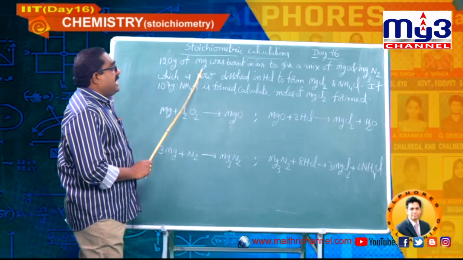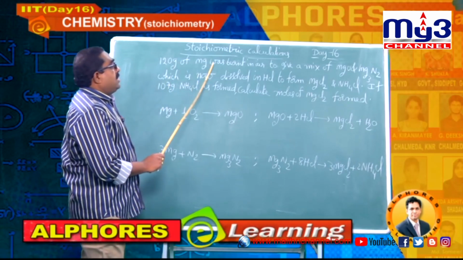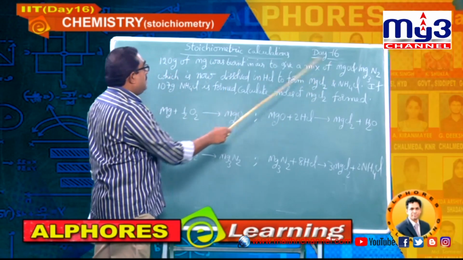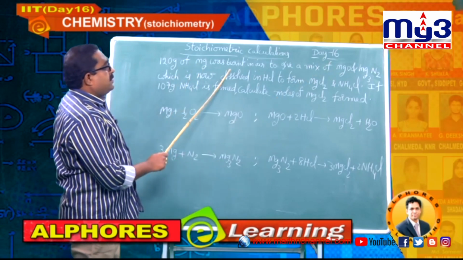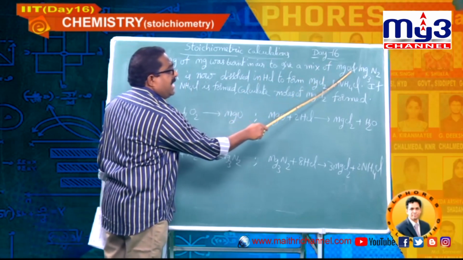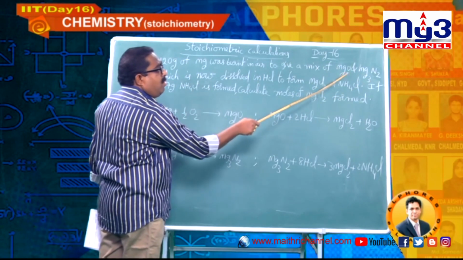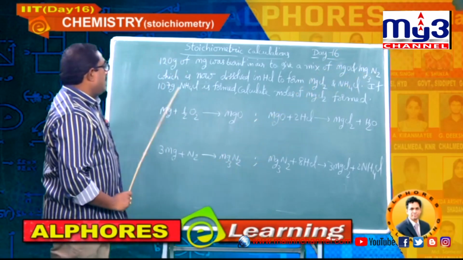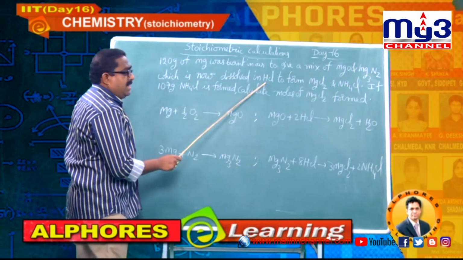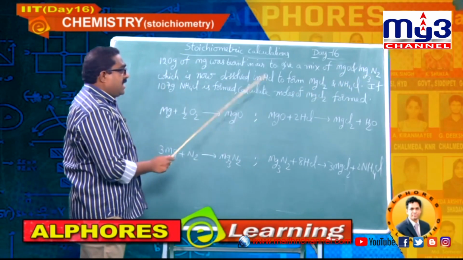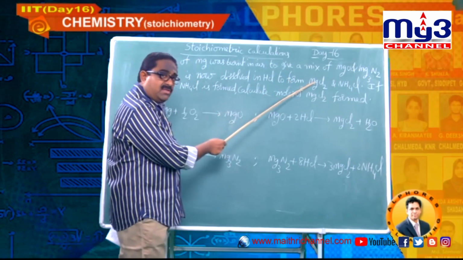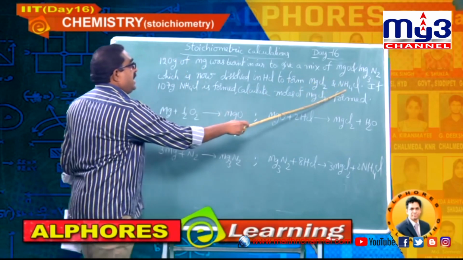120 grams of magnesium was burnt in air to give a mixture of magnesium oxide and magnesium nitride, MgO and Mg3N2, which is now dissolved in HCl to form magnesium chloride MgCl2 and ammonium chloride NH4Cl.